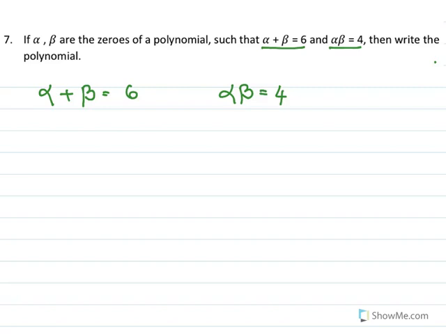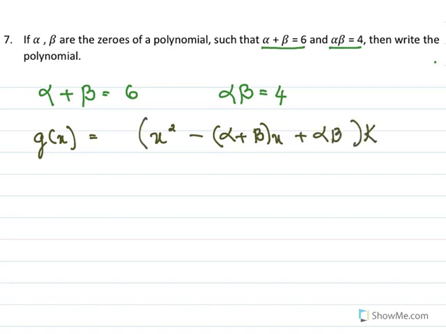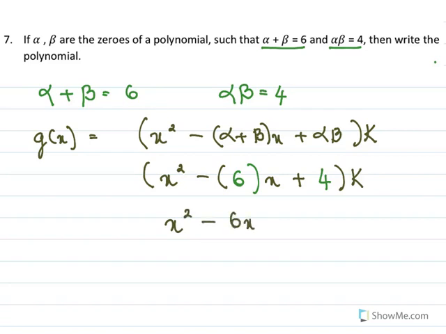And we know a polynomial, say g of x, is always written as k times x square minus the sum of roots times x plus the product of roots. So we write x square minus 6x plus 4. So here is our polynomial, x square minus 6x plus 4.